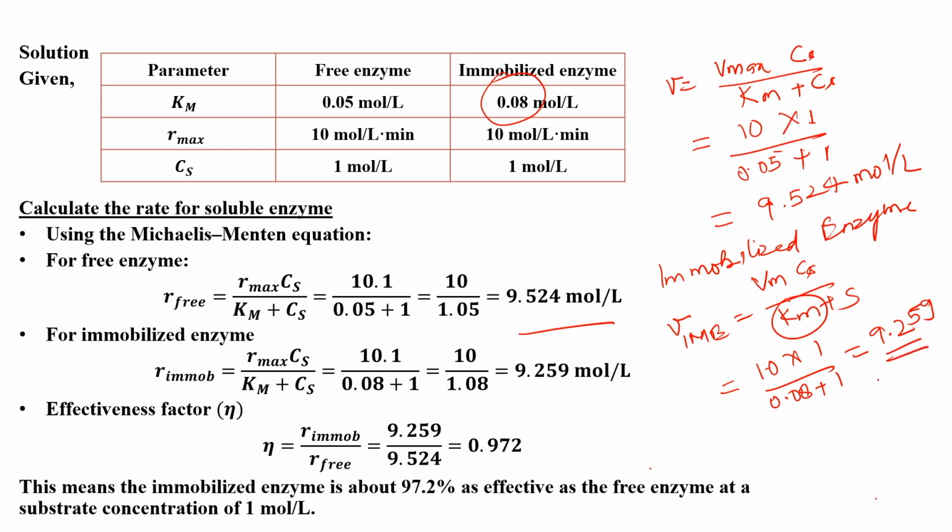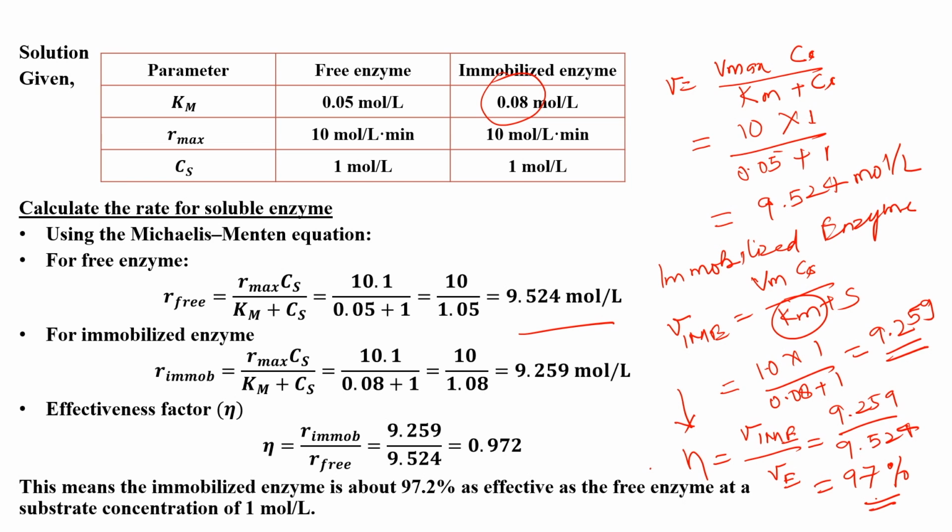So, you can see the rate has decreased. Now, what will be the effectiveness factor? It is the rate for immobilized enzyme divided by the rate of free enzyme. So, this is 9.259 divided by 9.524. It means the effectiveness factor is 97%. Now, here we did not consider the mass transfer resistance.